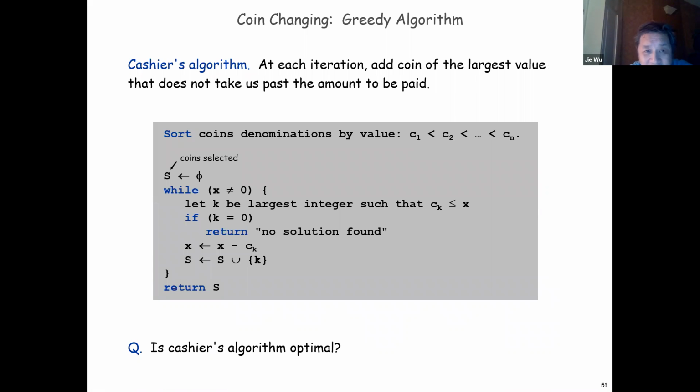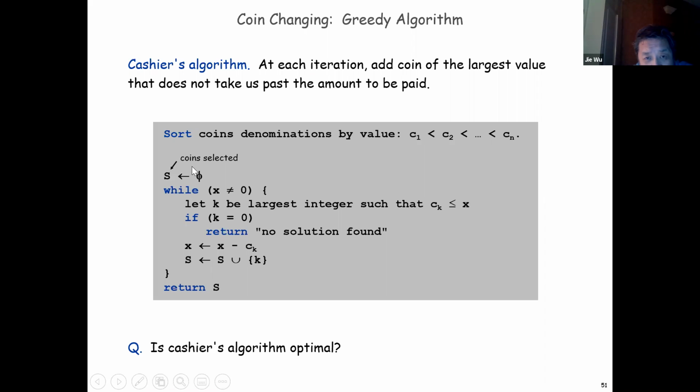Okay, now let's see how you design this cashier algorithm. All you need to do is first put the denominations in a sequence. That's easy, right? 1 cent, 5 cents, 10 cents, 25 cents, 50 cents, 100 cents.